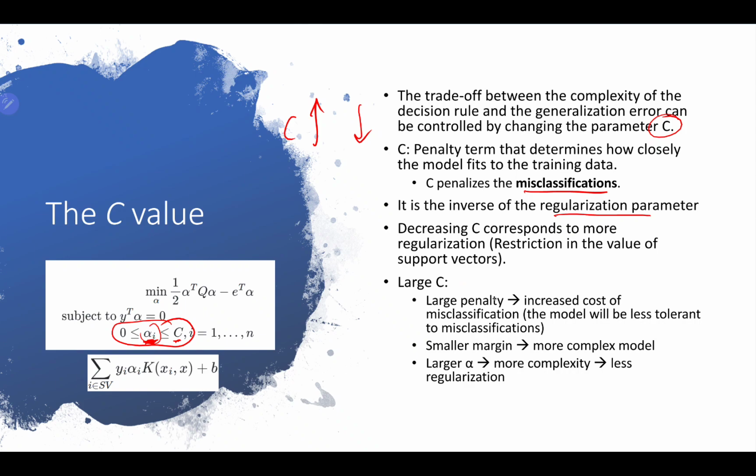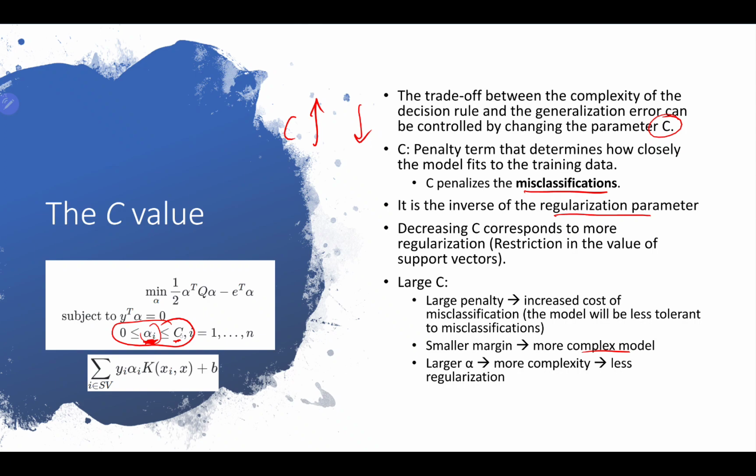All right. So if you summarize this whole thing, we can say large C means large penalty, so increased cost of misclassification. The model will be less tolerant to misclassifications. It will also mean a smaller margin and a more complex model.